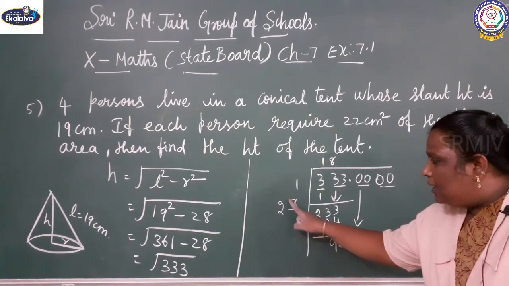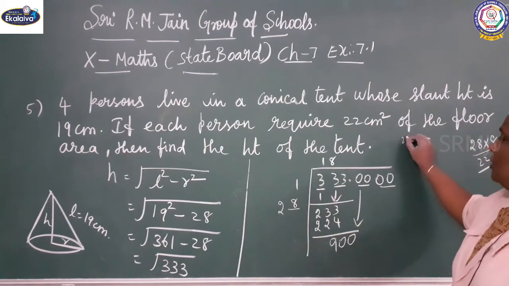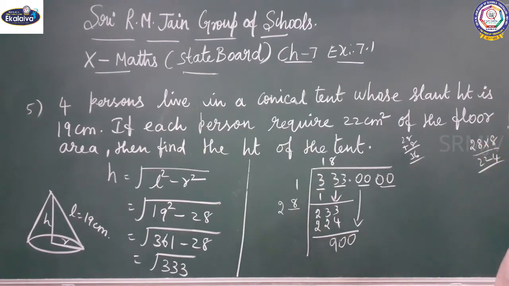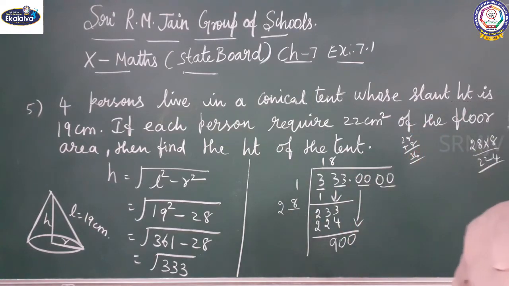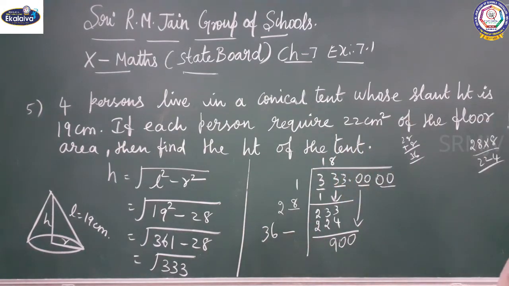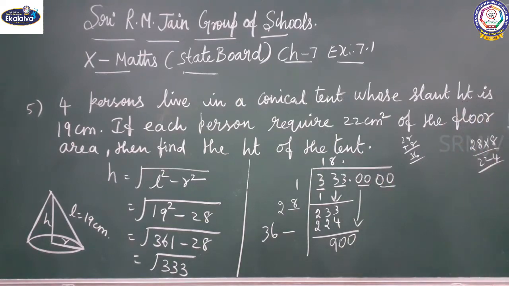Again 28 plus 8, the value is 36. You can add this number to this number, 36, and put a dash. The same number you multiply here and there. You can put a decimal point here.